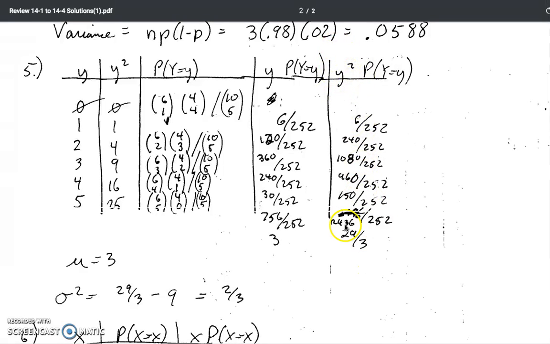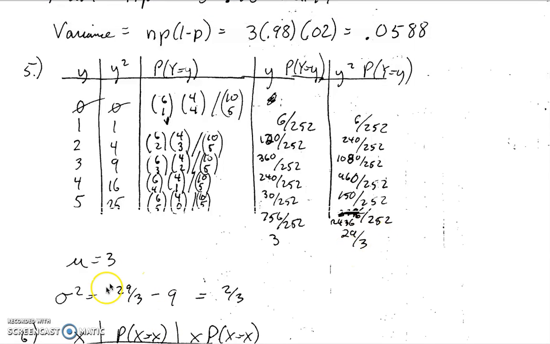So the expected value of the square is 29/3. And so if we take the expected value of the square of the variable minus the square of the expected value of the variable, we get 2/3. And that's our variance. And that's all there is to it. Again, ask me if you aren't sure about any of that, but it's pretty simple once you know what you're doing.